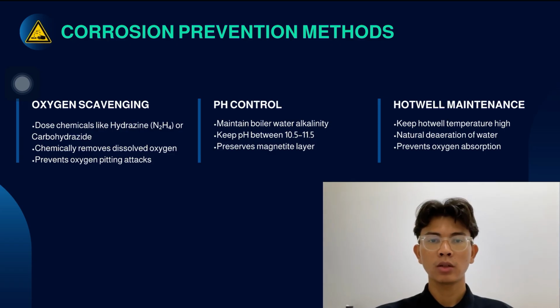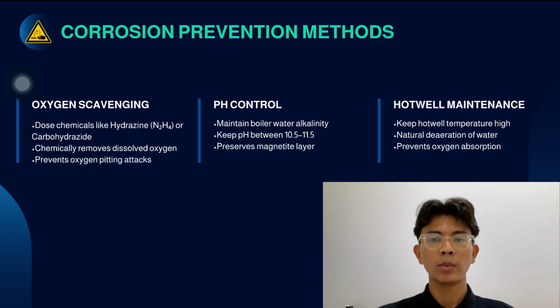To prevent corrosion, we must control the water chemistry. First, we maintain alkalinity between pH 10.5 and 11.5 to preserve the protective magnetite layer. Second, we perform oxygen scavenging.